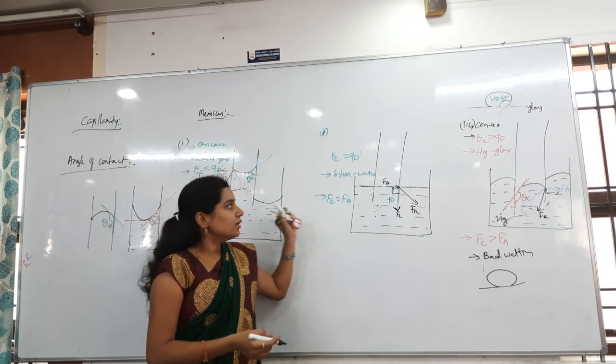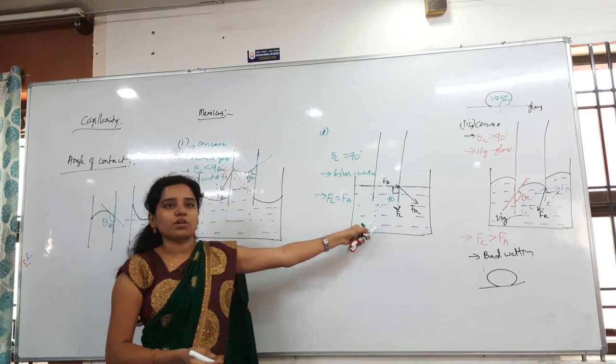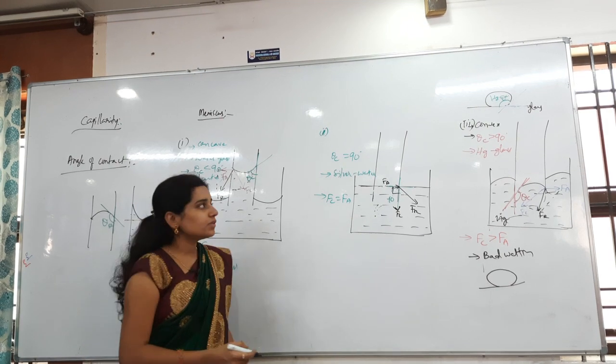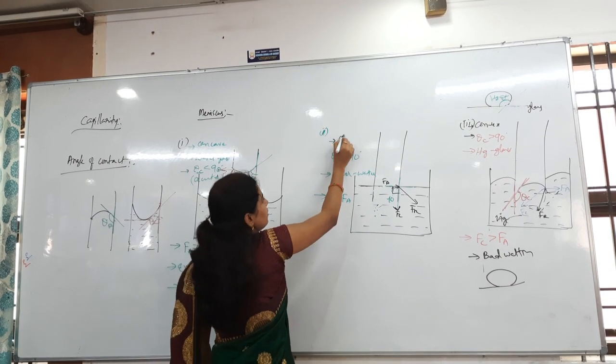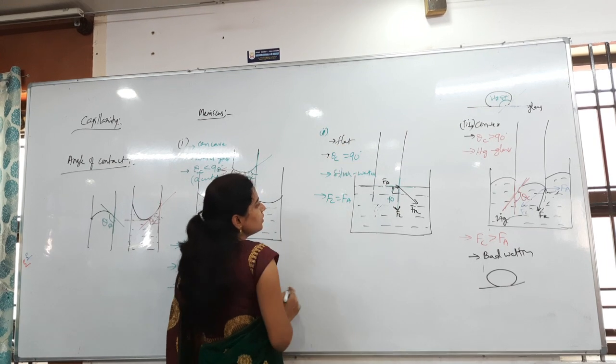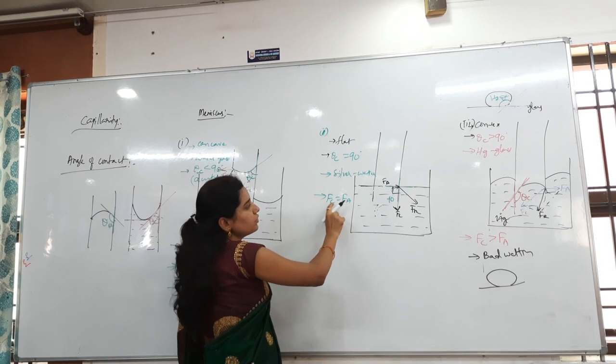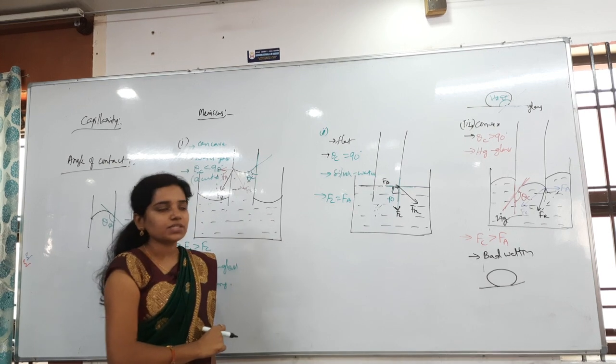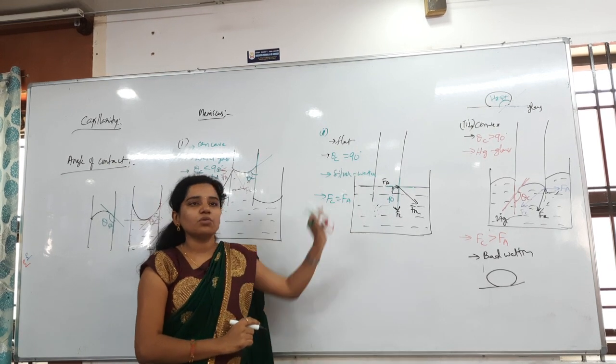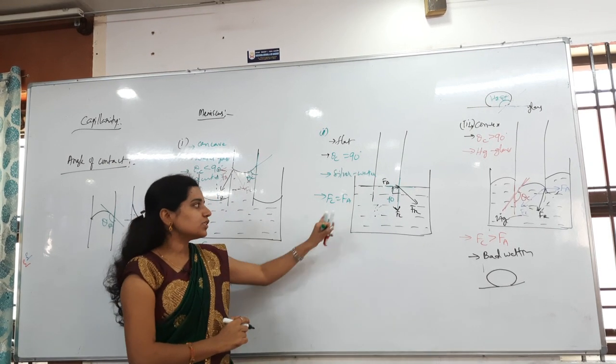This is about the concave, convex and normal meniscus, the flat meniscus. So this is a flat meniscus here. Also here I said that cohesive force exactly equals the adhesive force. The example is silver and water. So which type of wetting is this?